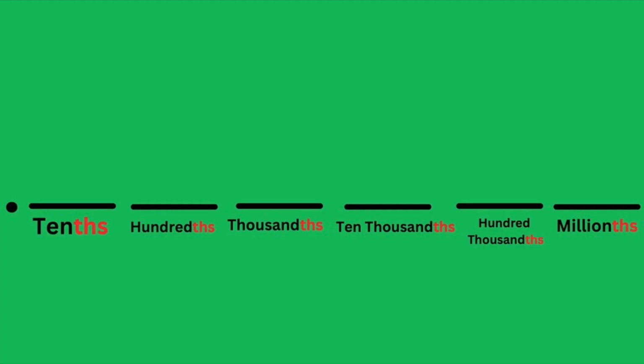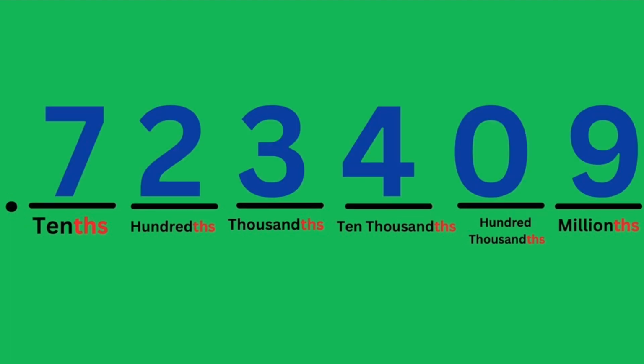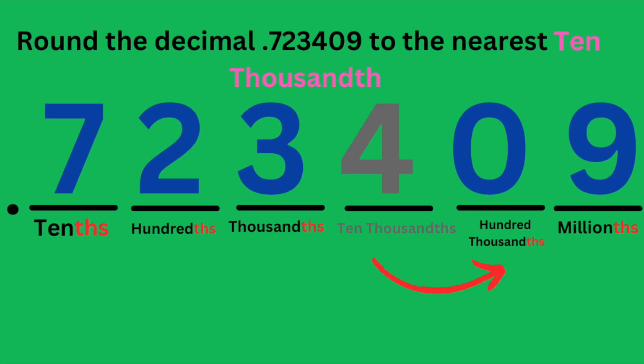Okay, so moving forward, we are going to expand and look at 3 additional place values after the decimal. So along with the tenths place, the hundredths place, the thousandths place, there's also the ten-thousandths place, the hundred-thousandths place, and the millionths place. Well, we have the decimal number 0.7234 09. In this example, we have to round the decimal to the nearest ten-thousandth. And the 4 in this example is in the ten-thousandths spot.